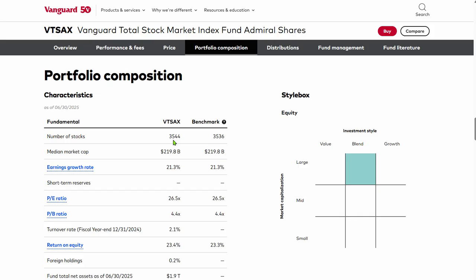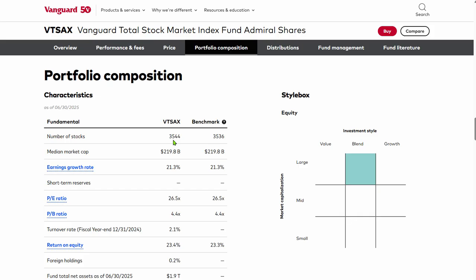In fact, that follows John Bogle's philosophy. He once said, don't look for the needle in the haystack, just buy the haystack. And that's what we're doing here. We're buying the whole market. And this helps us to reduce volatility and risk.